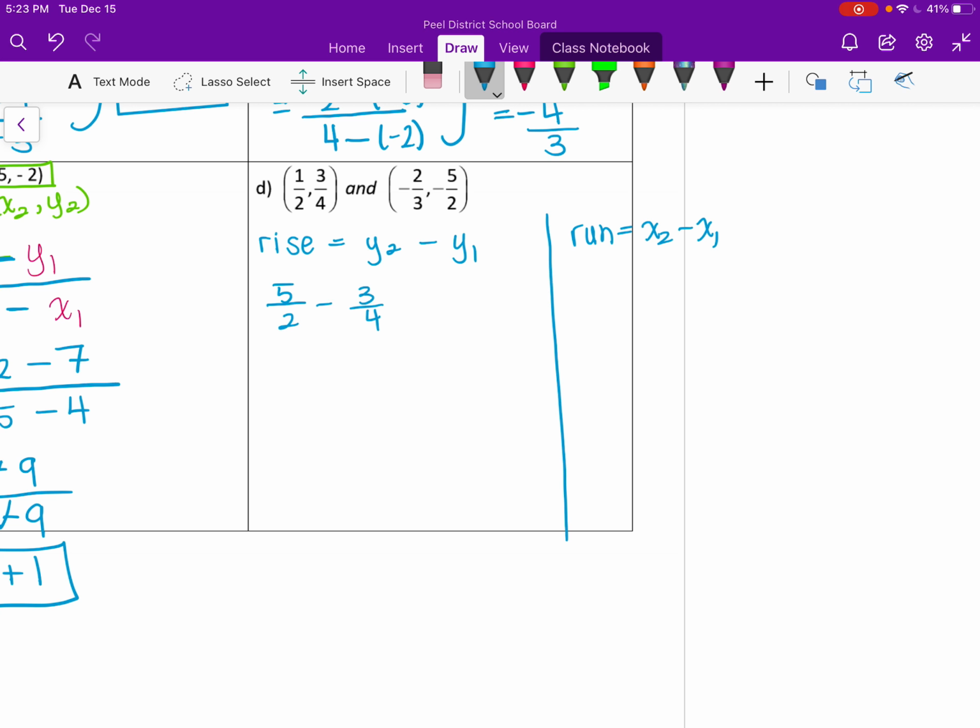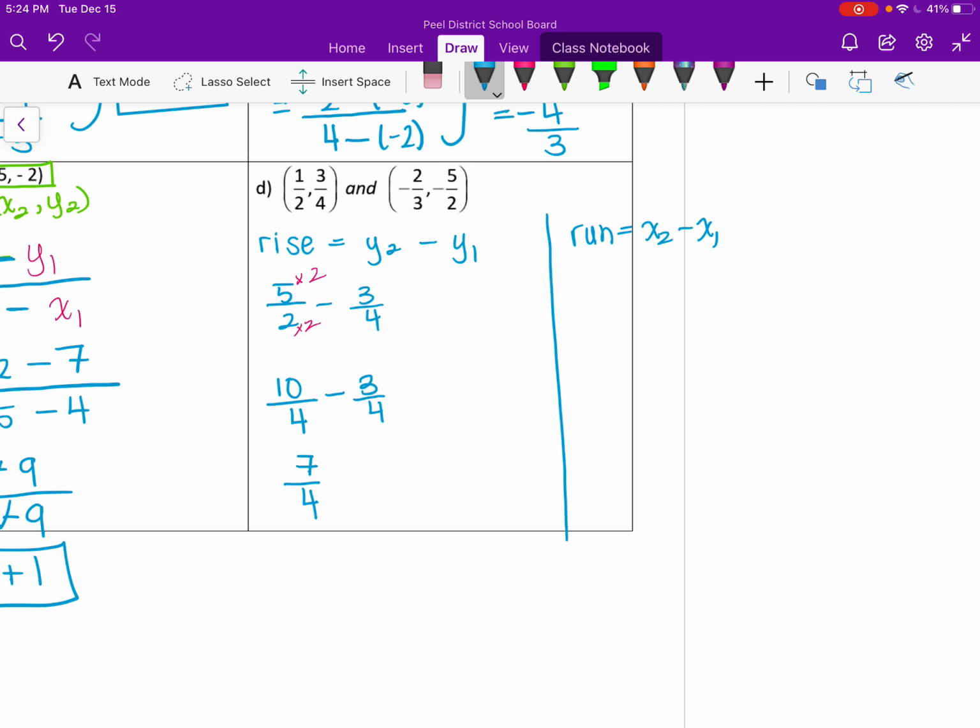I've got to change this 5 over 2 into over 4. So I can do that by multiplying both numbers by 2. So the 5 over 2 becomes a 10 over 4, right? This is 3 over 4, so I can just leave it as is. You have to do this step when you're adding and subtracting fractions. It's mandatory. So 10 minus 3 is 7 over 4.